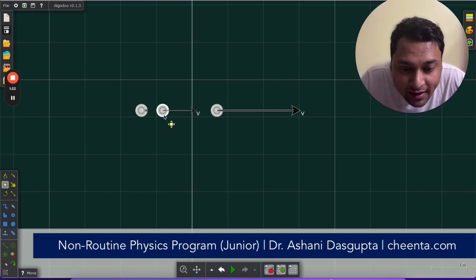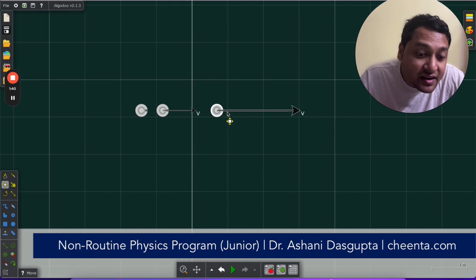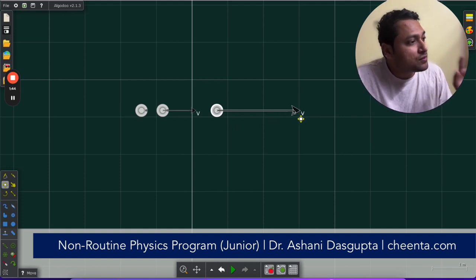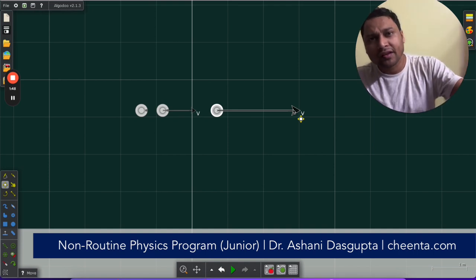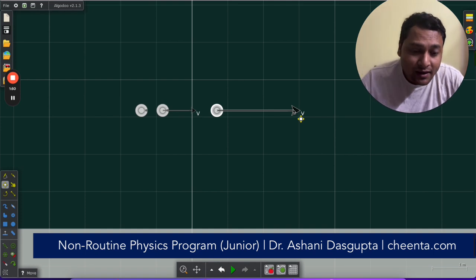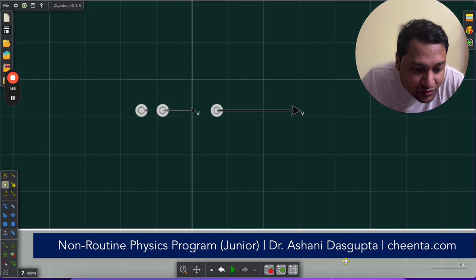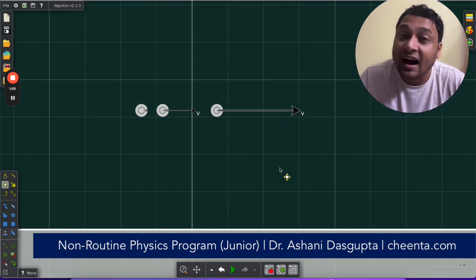The second one has a horizontal velocity component, and the third one has an even larger horizontal velocity component. So you can think of the second one as thrown toward the right like this, and the third one maybe thrown with a lot of force toward the right. Okay, so you have three balls. And of course, this gray area is the ground and this green area is the sky.